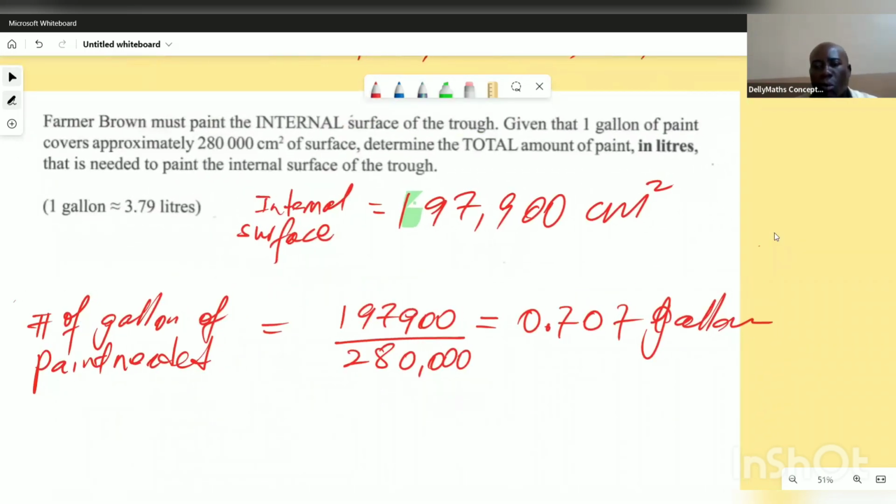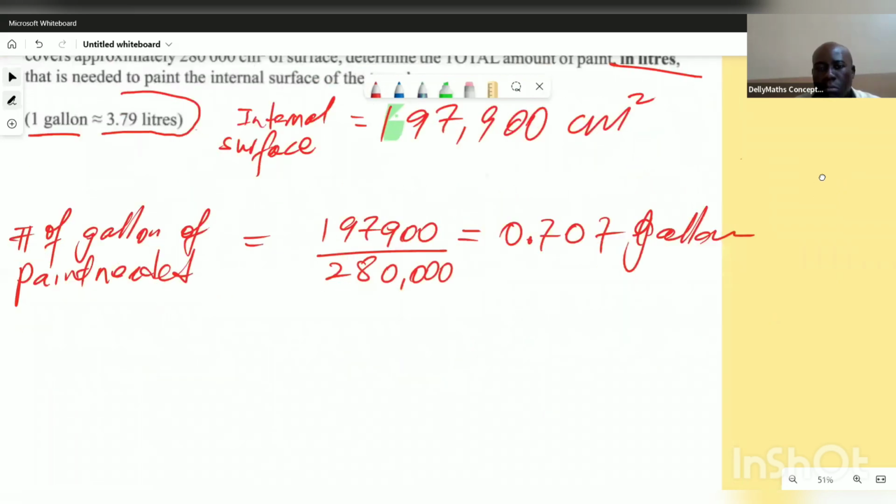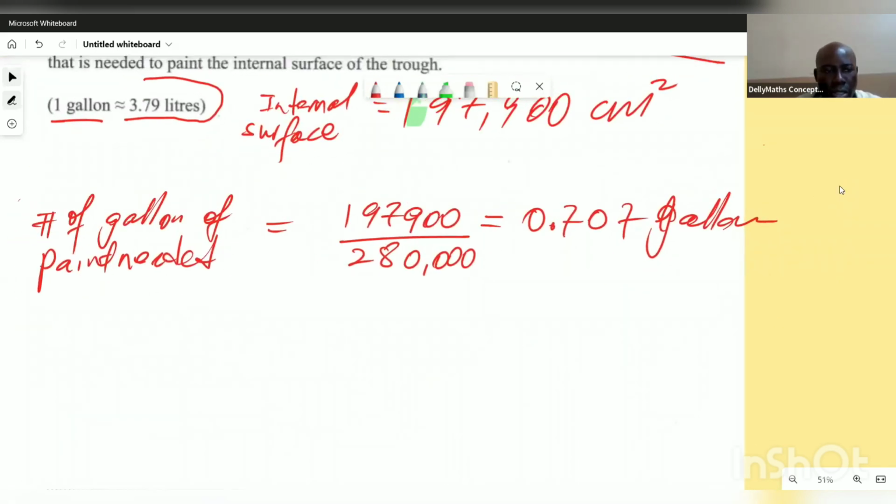The question wants the answer in liters. Remember though, 1 gallon would have given 3.79 liters. So all we have to do is to multiply. I'm going to convert this now.